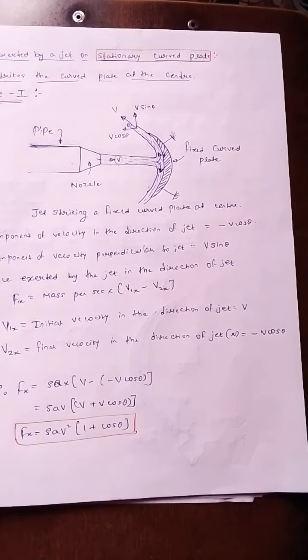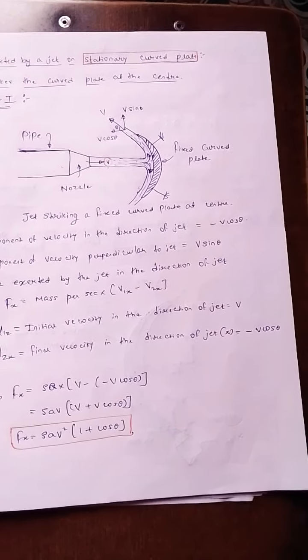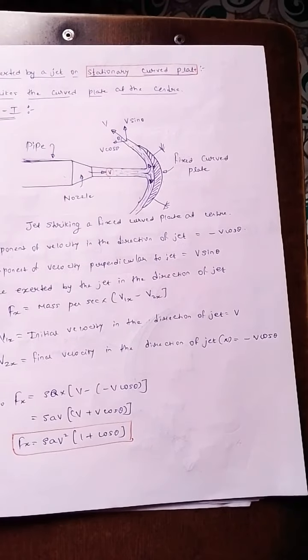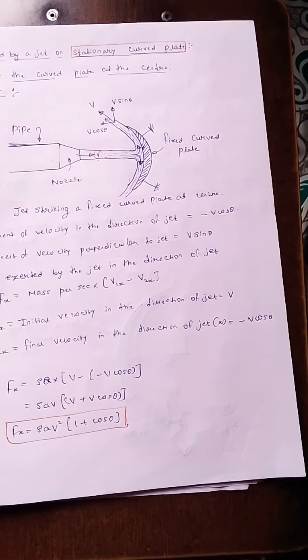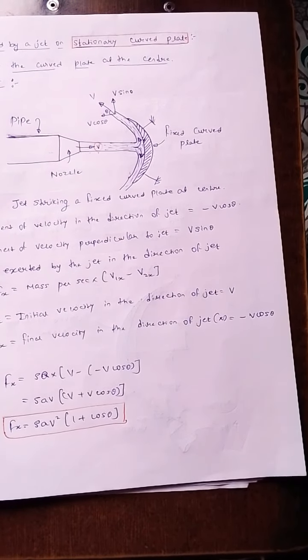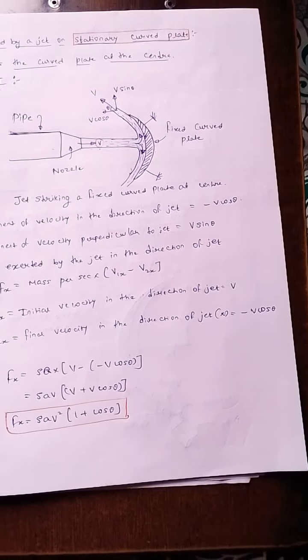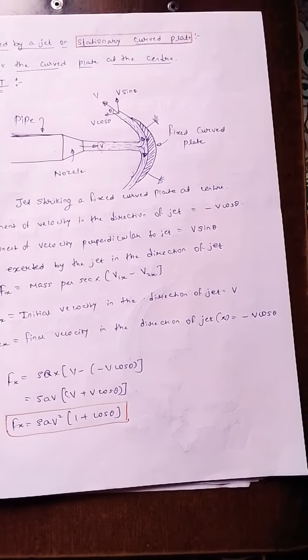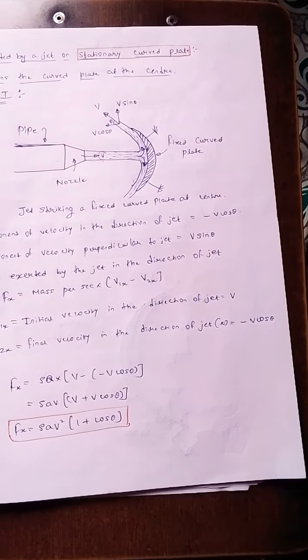So let a jet of water strike a fixed curved plate as shown in the figure. The jet after striking the plate comes out with the same velocity if the plate is smooth and there is no loss of energy due to impact of the jet.